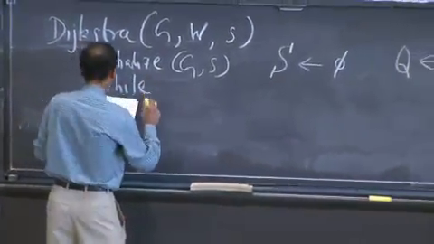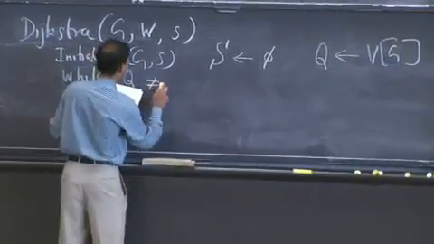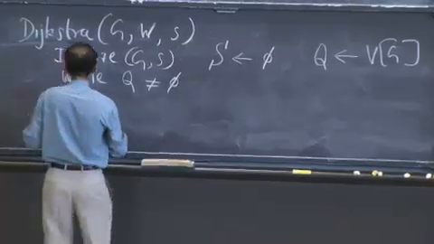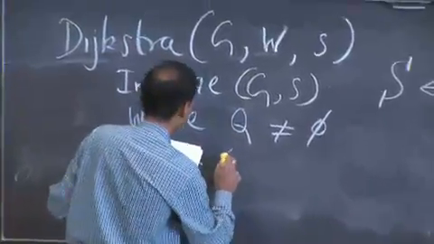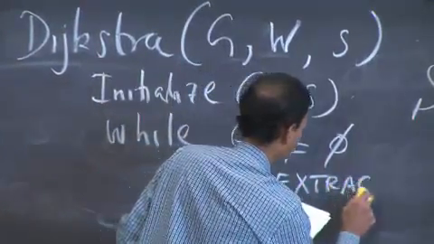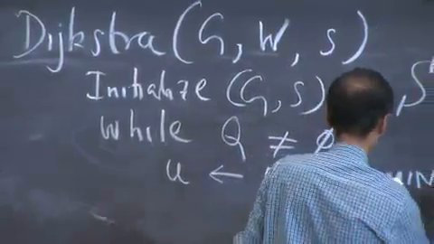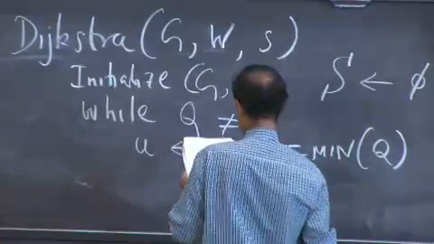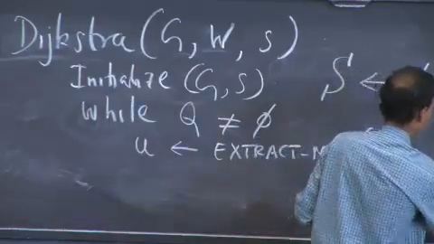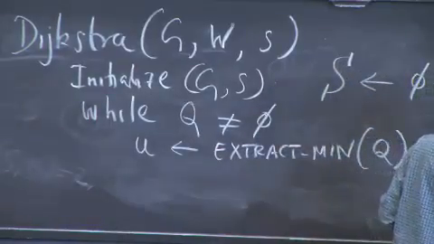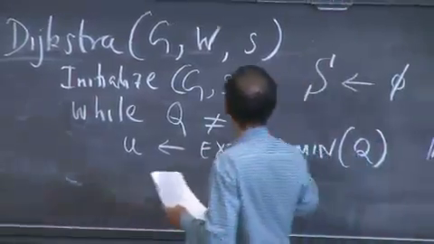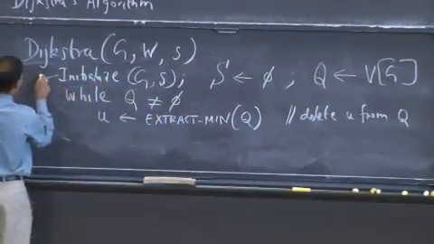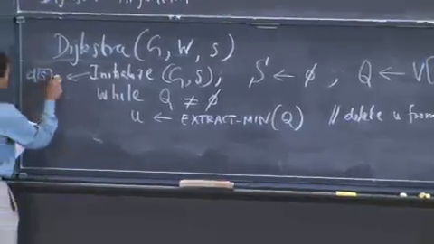And so Dijkstra is a little while loop that says while there are vertices that need to be processed, then I'm going to take u and I'm going to extract min from Q. And this is going to delete u from Q. And this initialization, and this is a small s here, is going to set d of s to be 0.